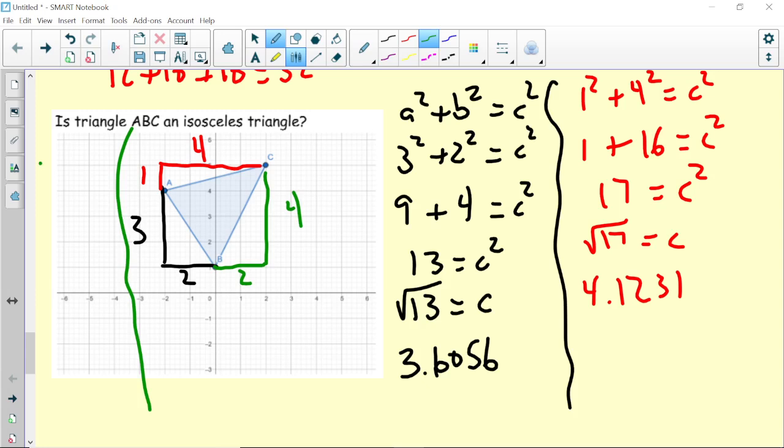So we're going to get 2 squared plus 4 squared equals C squared. 2 squared is 4. Plus 4 squared is 16 equals C squared. 4 plus 16 is 20.